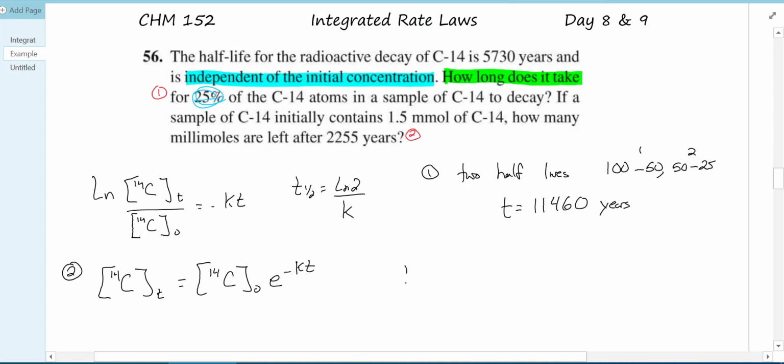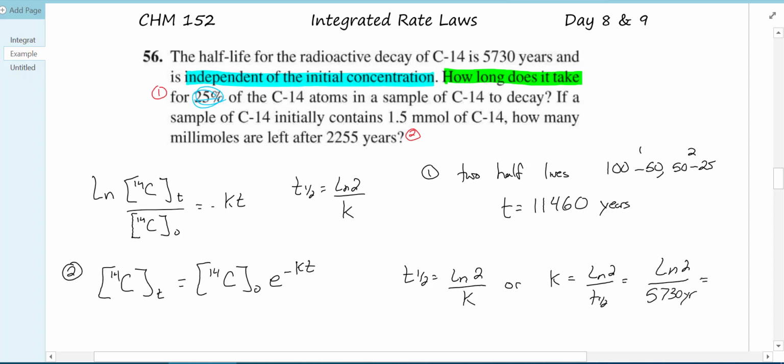Luckily, t1/2 is equal to the natural log of 2 over k, or k is equal to the natural log of 2 over t1/2. So that's the natural log of 2 over 5,730 years.